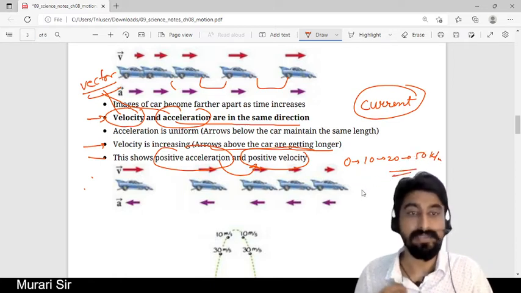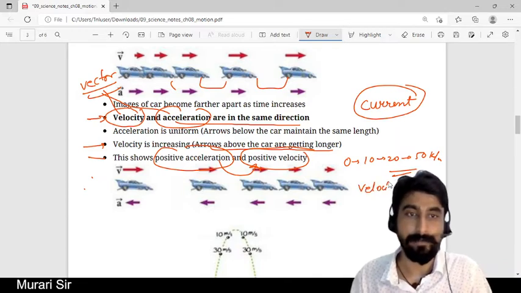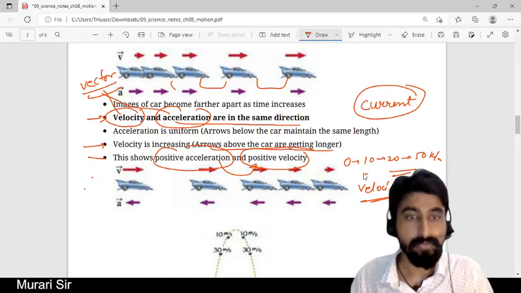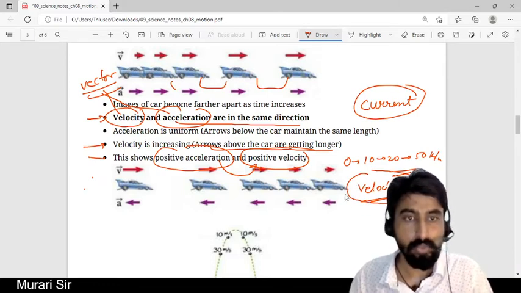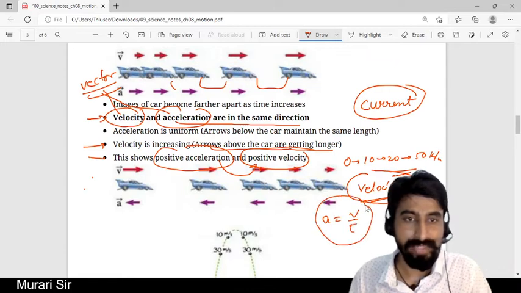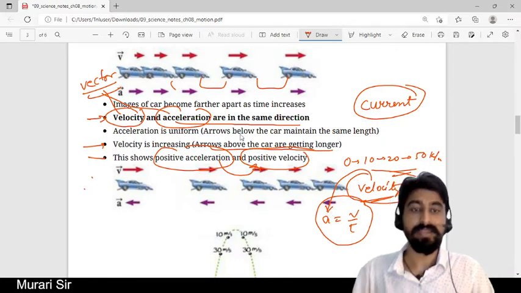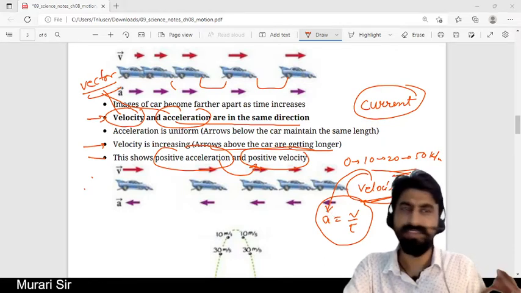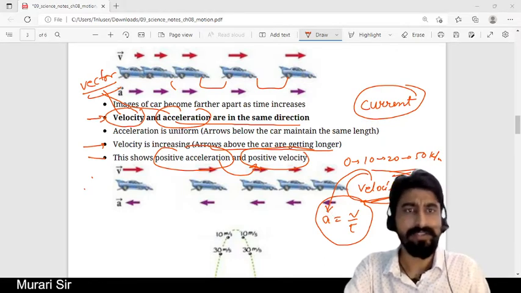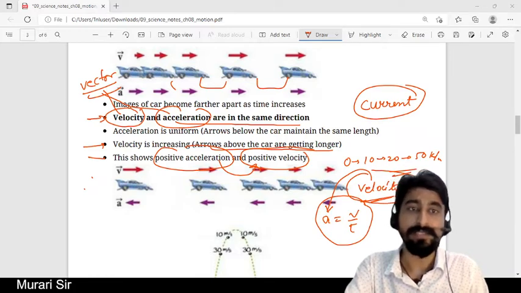That means its velocity is increasing. Obviously, because we know that acceleration is equal to change in velocity upon time, if velocity is increasing, ultimately acceleration will also be increasing. Very simple, very easy to understand. If the velocity is increasing, that means acceleration is positive.